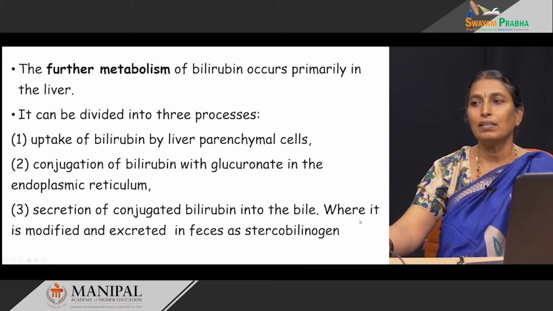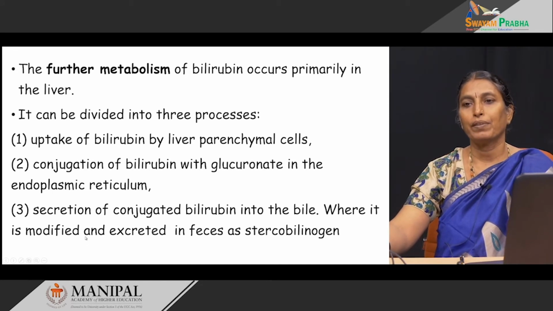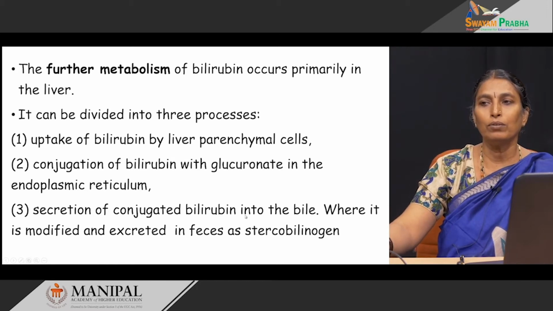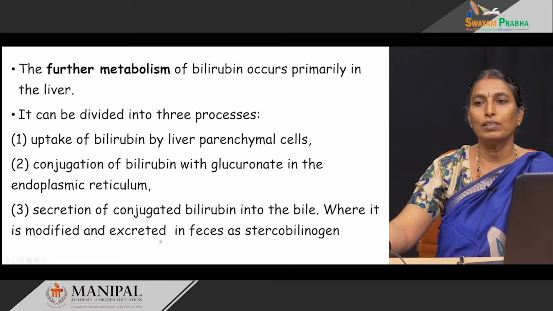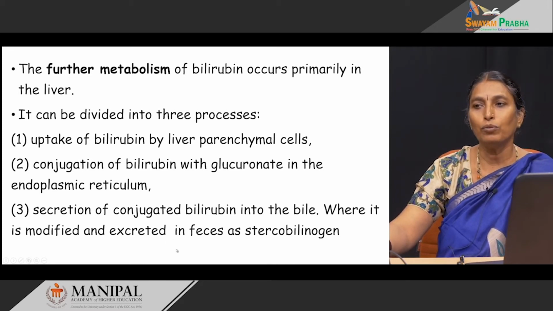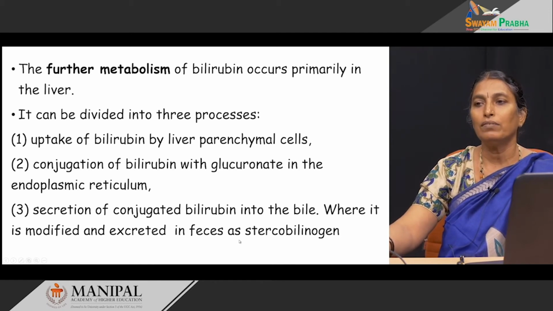There this bilirubin gets modified first by the bacterial flora. These bacterial enzymes first convert bilirubin glucuronide to free bilirubin, meaning deconjugation happens, and this bilirubin becomes urobilinogen, and urobilinogen becomes stercobilinogen and is excreted through the feces.